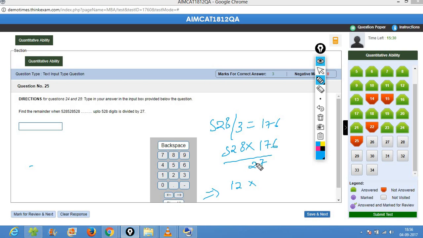Next, 27 into 7 is 189. So this comes out to be, hold on, sorry, minus 12. This comes out to be 189 minus 13. So this comes out to be 156 upon 27. So 27 into 5 is 135, right? Yeah, 21.